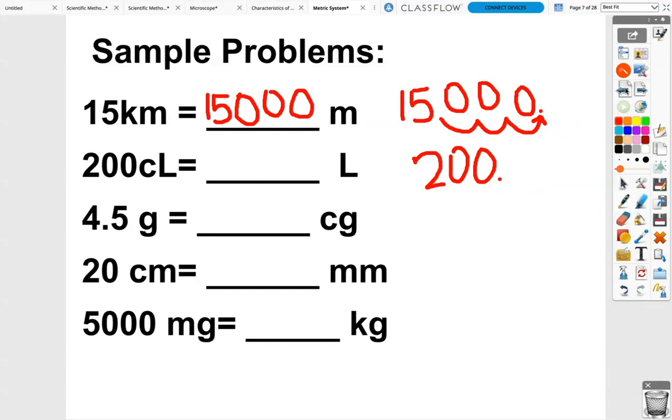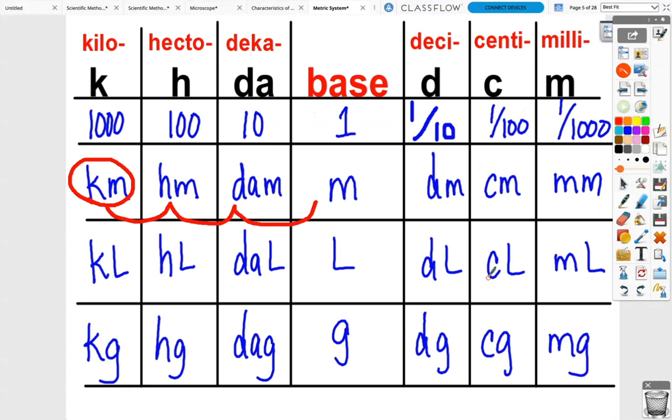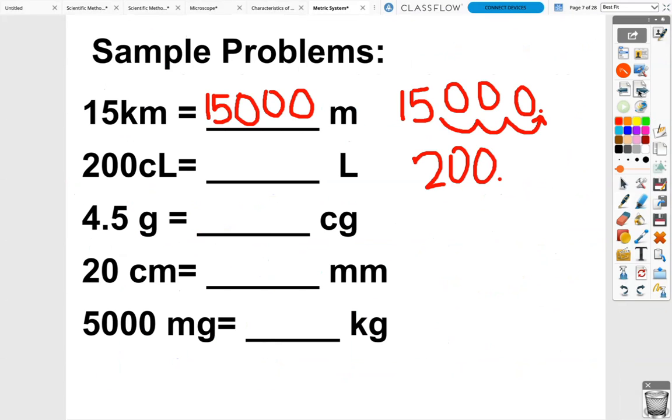So I'm going to go back to my chart and go from centiliters, which is right there, CL, to liters. Going from centiliters to liters, I need to hop 1, 2 to the left. So I'm going to take my decimal, pick it up and move it 1, 2.